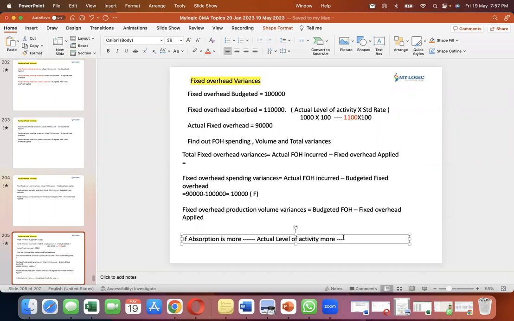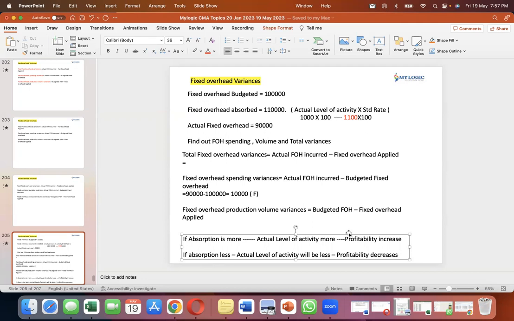Absolutely. In effect, if absorption is more, I can say my profitability will be more because my actual level of activity is more. On the other side, if absorption is less, my actual level of activity will be less and profitability decreases.